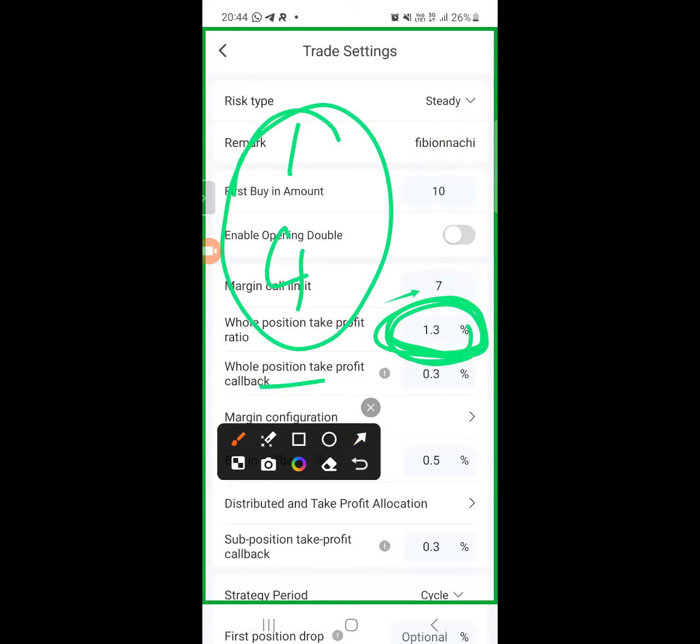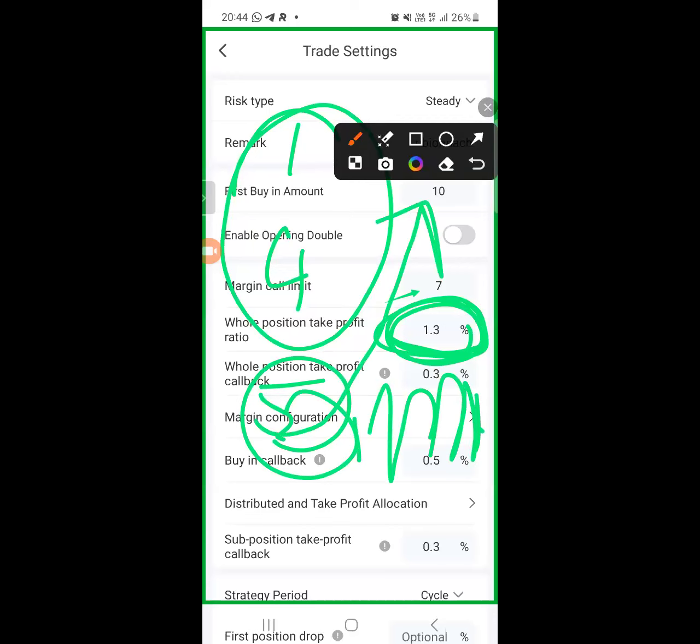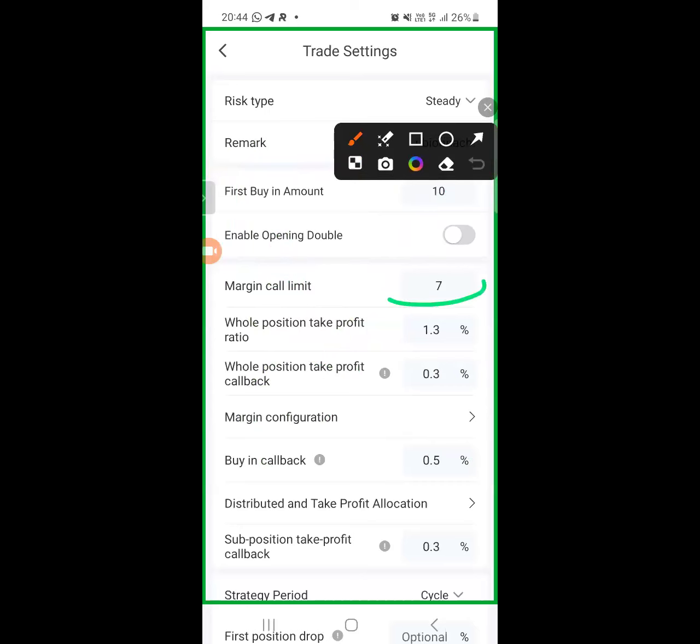But from the 5th buy, that is what we call extra, because only the 5th buy can give you many different profits if the coin doesn't go up and hit the take profit that you instructed the robot to give you. So let's give it 7 margin calls.